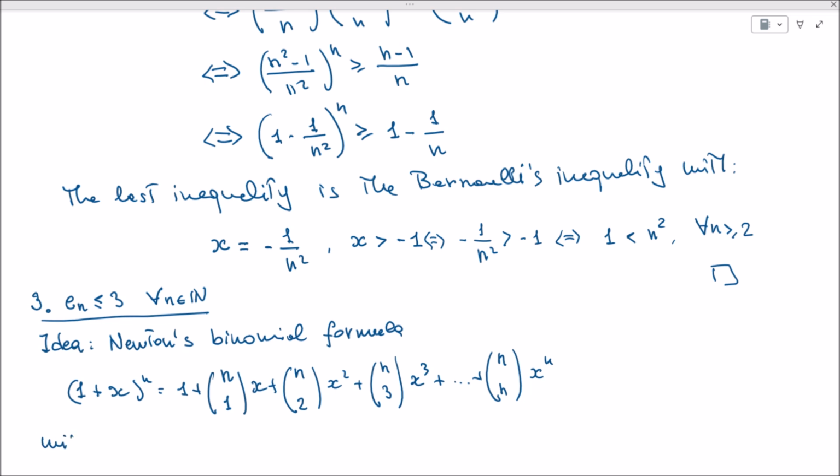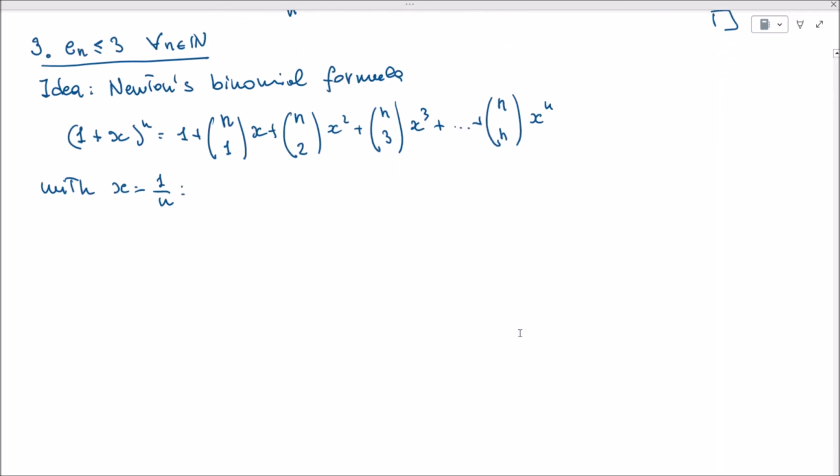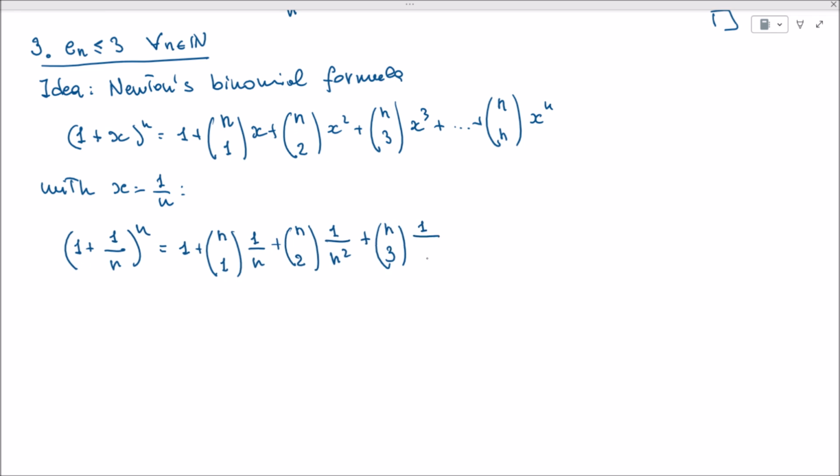And with x equal to 1 over n, we get the following: (1 plus 1 over n) raised to the n, which is of course just En, is equal to 1 plus n choose 1 times 1 over n plus n choose 2 times 1 over n squared plus n choose 3 times 1 over n to the cube plus dot dot dot plus n choose n times 1 over n to the n.